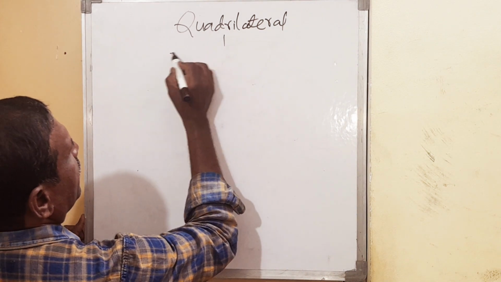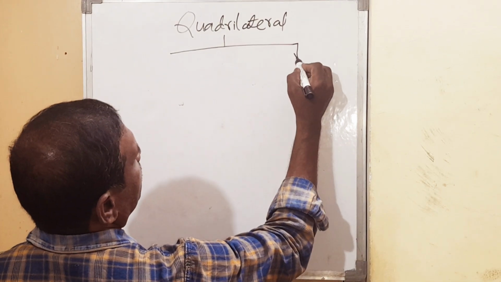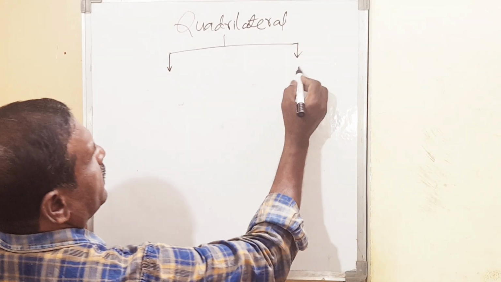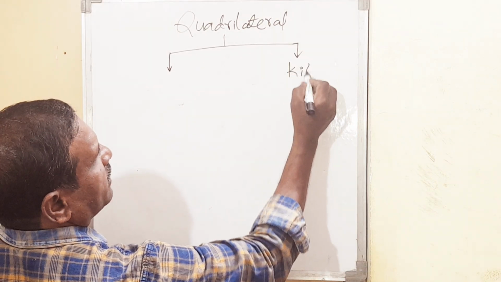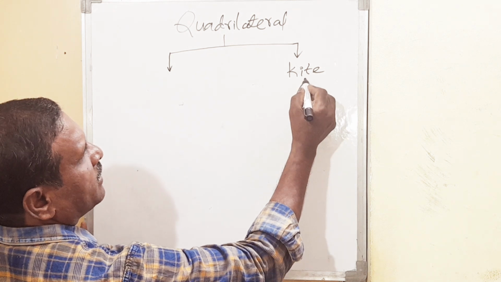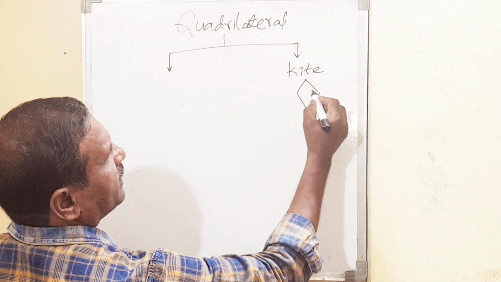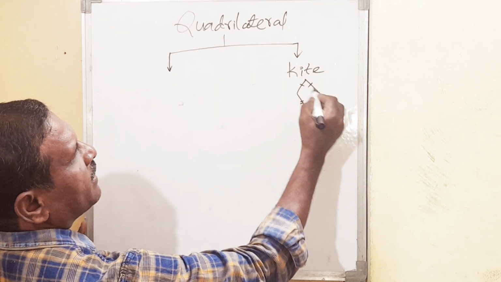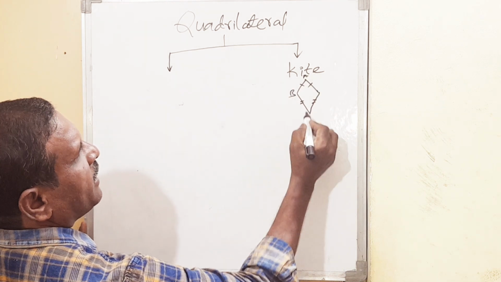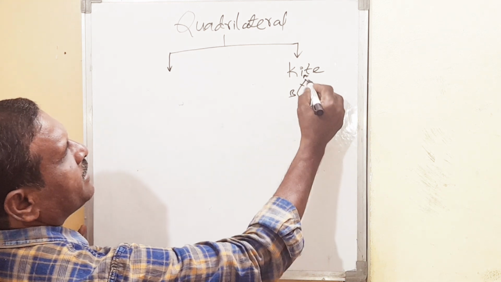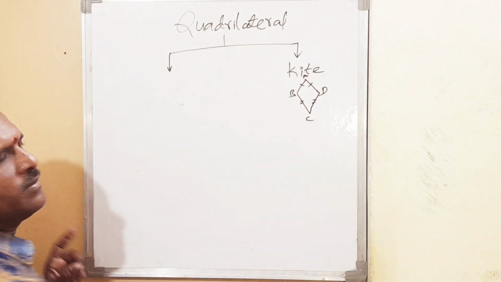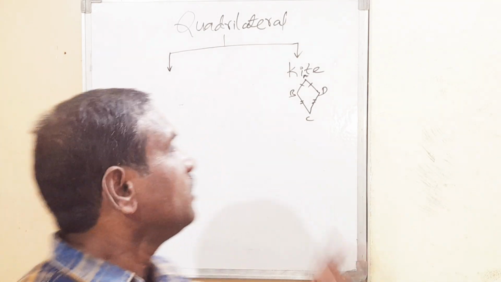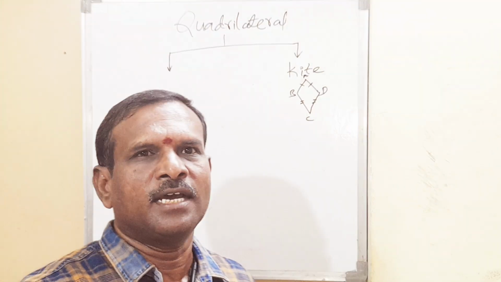Here I am making a tree. Why this tree? That I will explain at the end. So here this is a kite. A kite is a type of quadrilateral in which two pairs of adjacent sides are equal. These two sides are equal. If you take this as A, B, C, D, AB is equal to AD and BC is equal to CD.